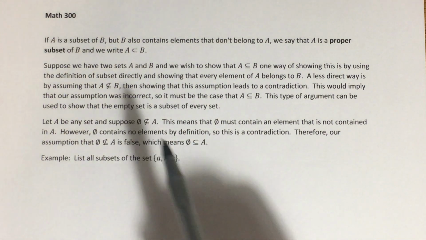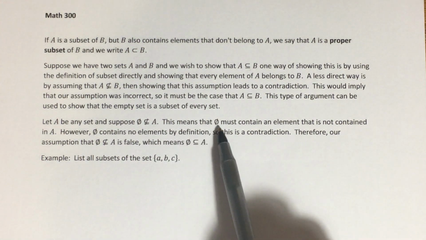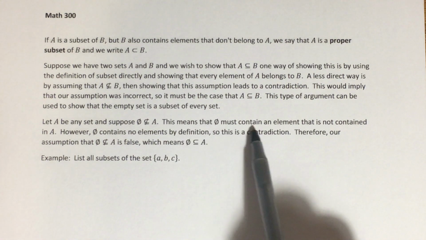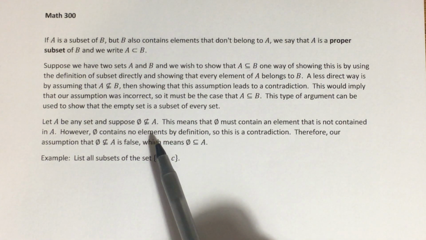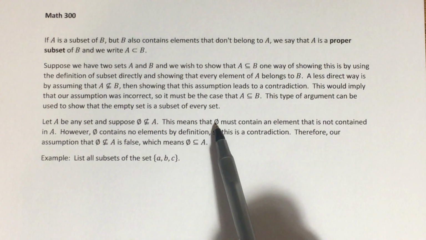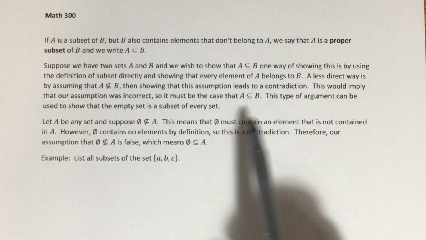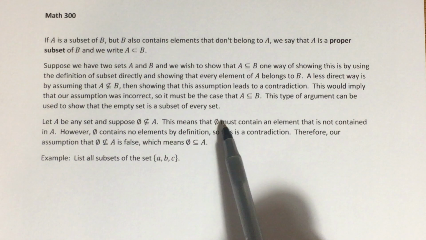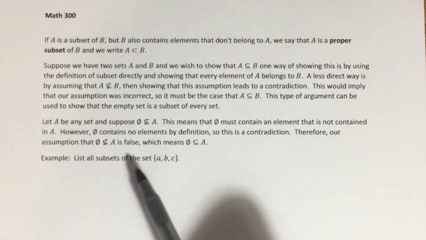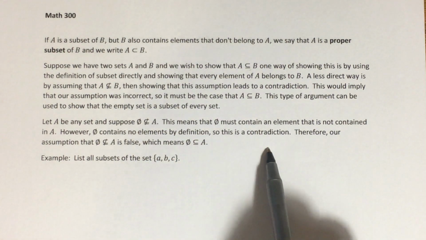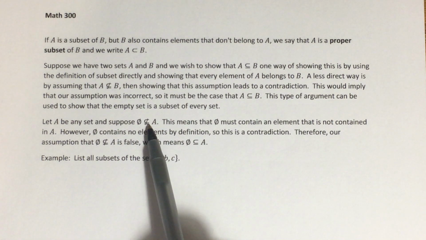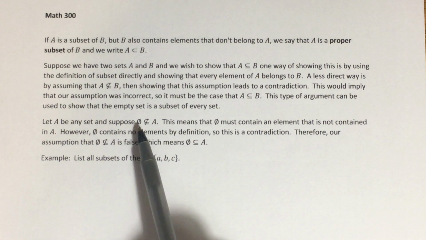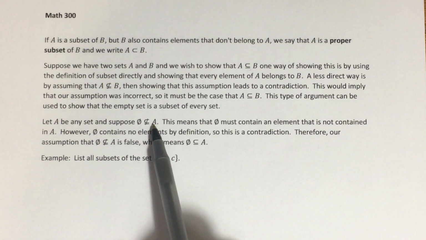So to say this symbolically literally means the same thing as saying that the empty set contains an element that's not contained in A. But that right away is a contradiction, because the empty set, by definition, doesn't contain elements at all. So to say that it must contain something not contained in A is inherently false. That contradiction implies that this initial assumption here had to have been incorrect. It is incorrect to say that the empty set is not a subset of A.